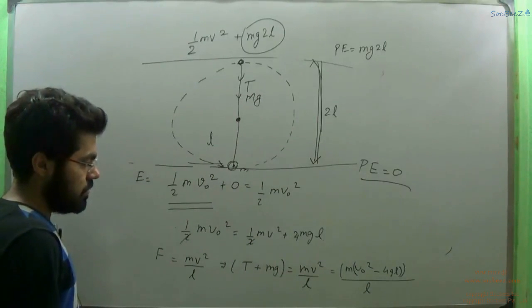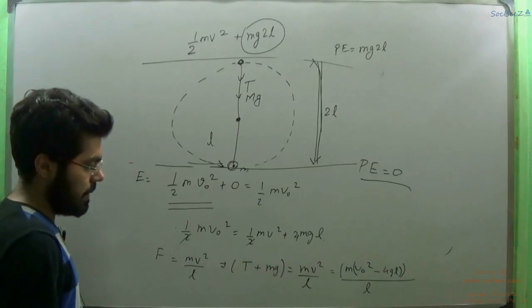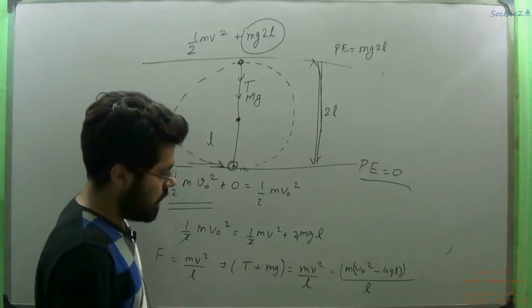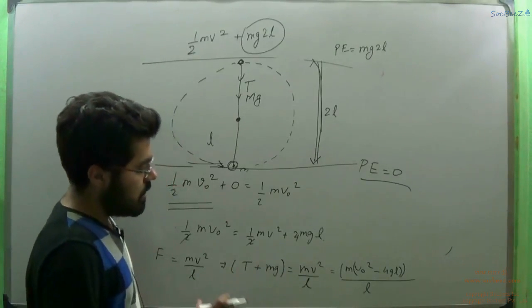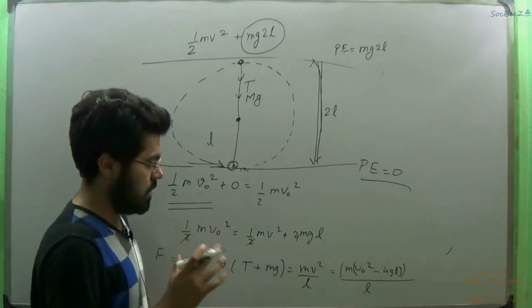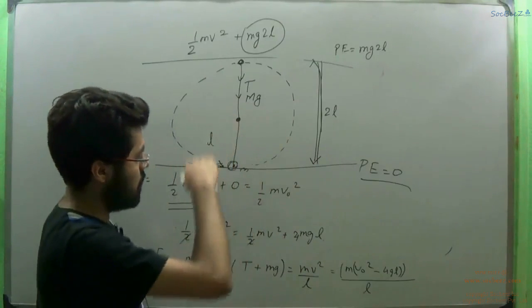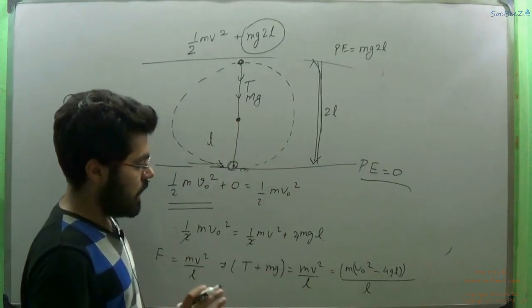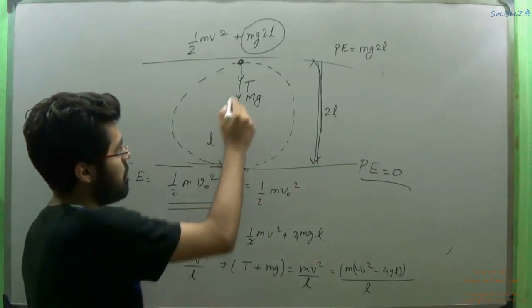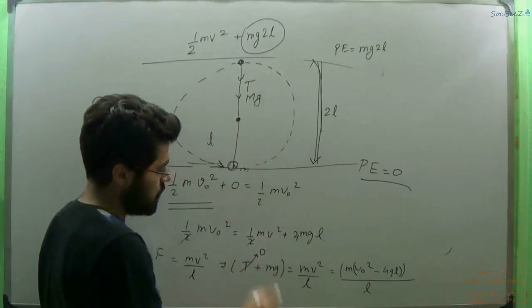In this case, what do we see? We can see that for the system to attain circular motion with just the minimum velocity, what we can afford is that at the highest point, this tension can go to 0.